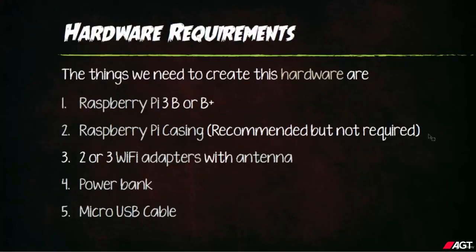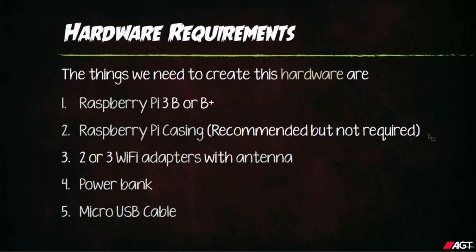To create the hardware, we need a few things. First of all, we need Raspberry Pi 3B or 3B plus. If you don't know what Raspberry Pi is, in the next section I'm going to explain each and everything about it, how we are going to use it in pen testing, and what software we are going to use on it.